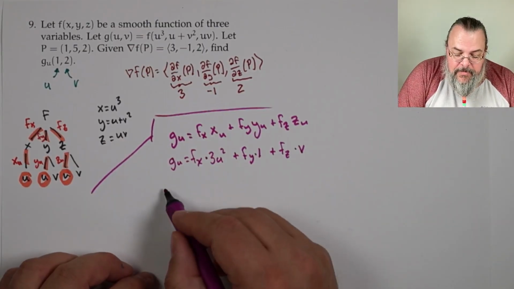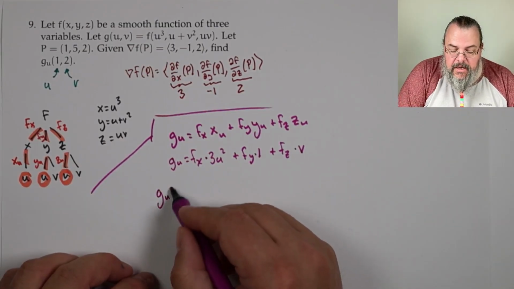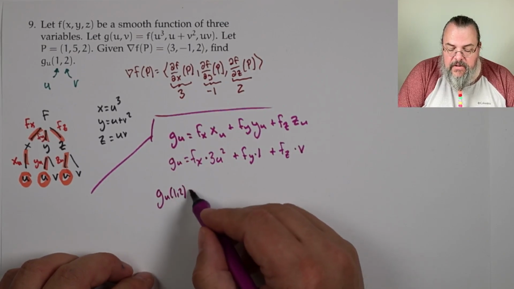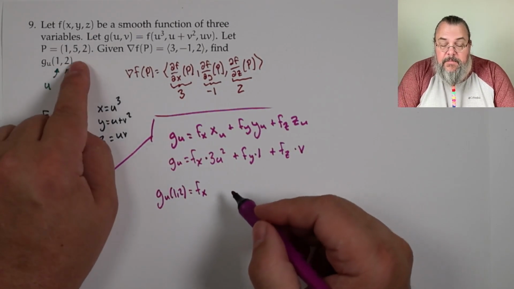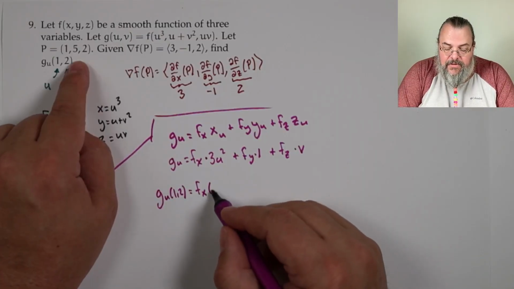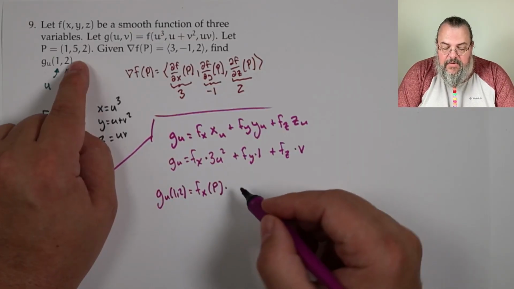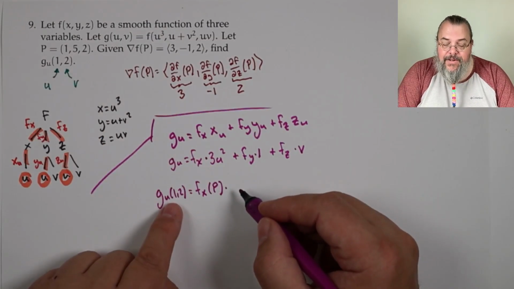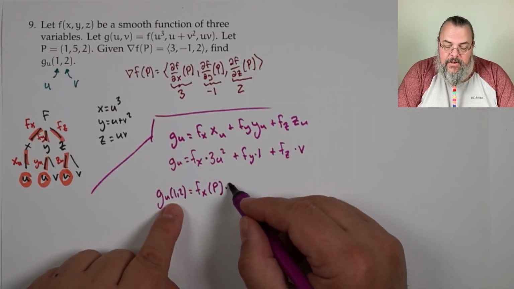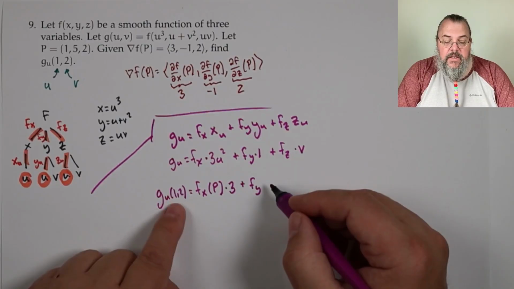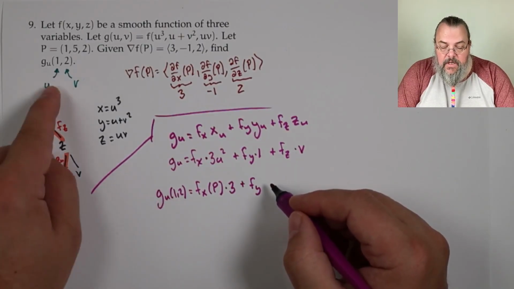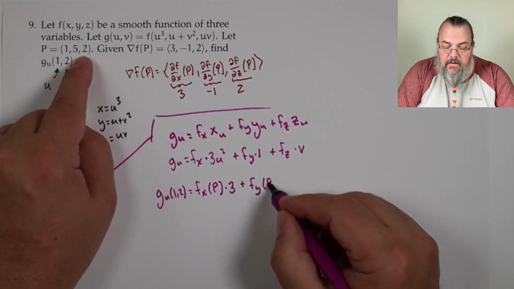So here we go. G sub u at 1, 2. This is going to be fx, and when you plug in 1, 2, you get the point 1, 5, 2. So fx of p times 3 times u squared. Well, 3 times 1 squared is 3. Plus fy, when you plug in uv, 1, 2, you get the point p. Right?